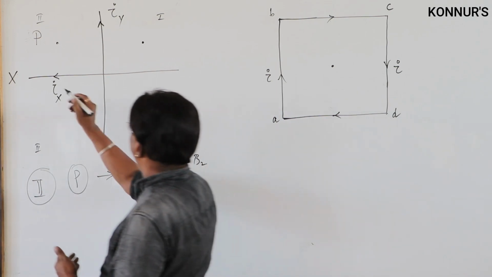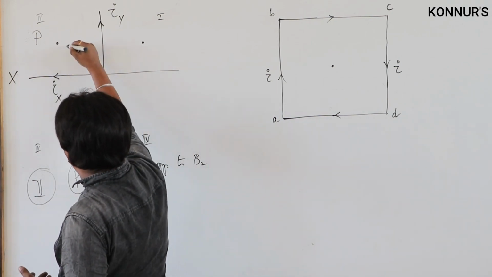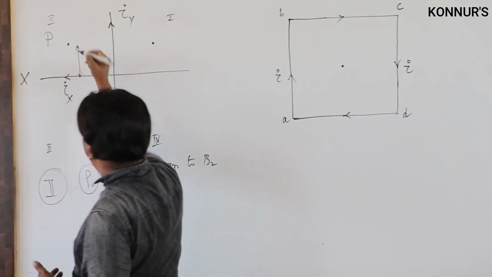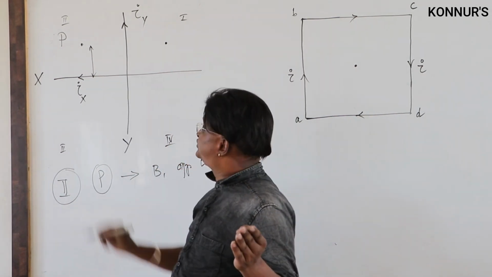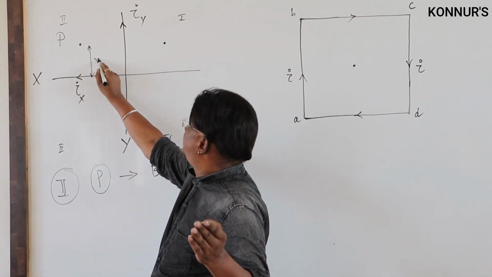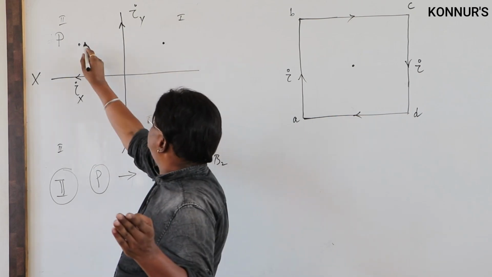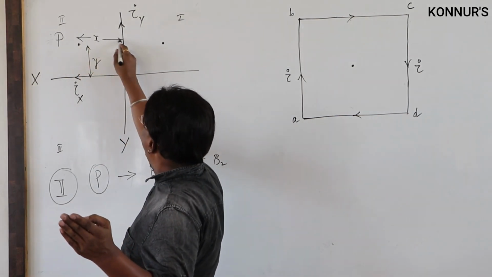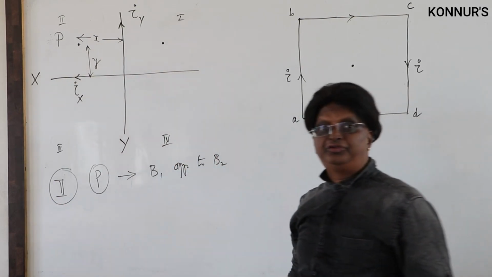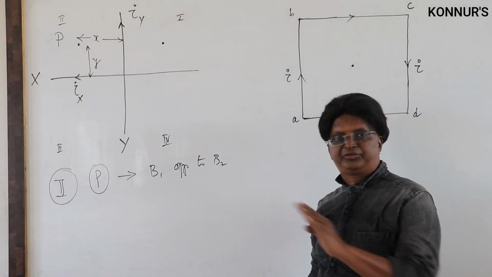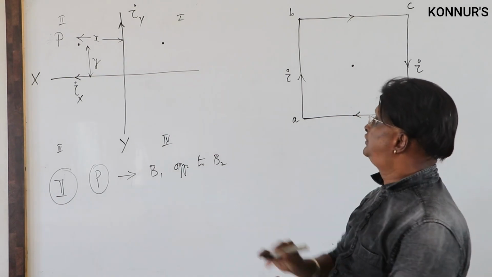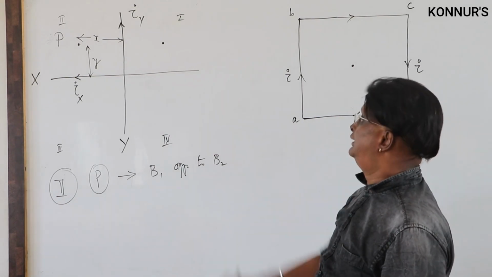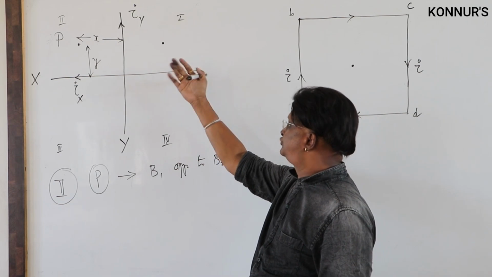Therefore, let me consider this is the point P which is at a distance. Remember, in our Cartesian system, distance from the x-axis is always taken to be y, and distance from the y-axis is taken to be x. So that is how I am taking. Now x is not the distance from the x-axis, it is the distance from the y-axis, and y is the distance of the point from the x-axis, that is the conductor x you can call.